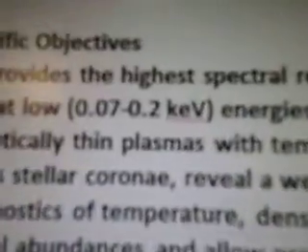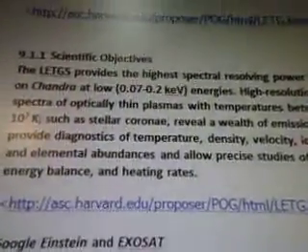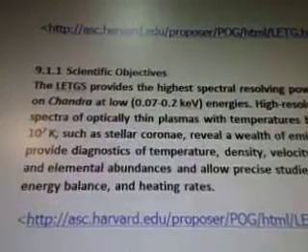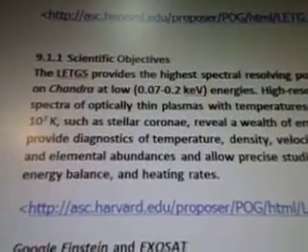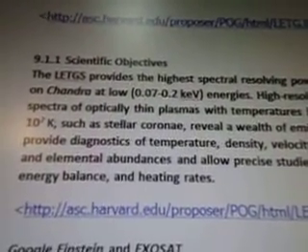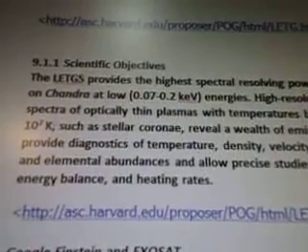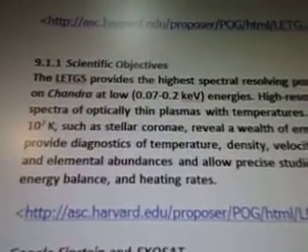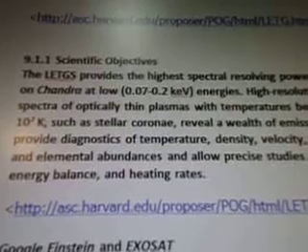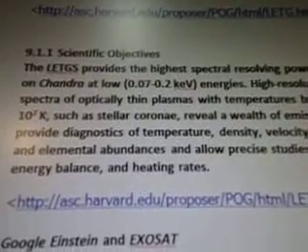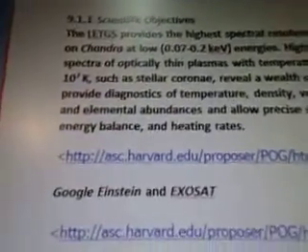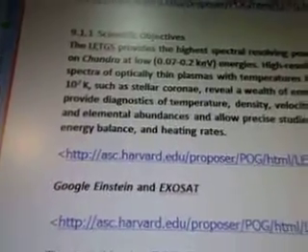The LETGS provides the highest spectral resolving power, greater than 1000 on Chandra at low energies. High-resolution X-ray spectra of optically thin plasmas with temperatures between 10^5 and 10^7 K, such as stellar coronae, reveal a wealth of emission lines that provide diagnostics of temperature, density, velocity, ionization state, and elemental abundances, and allow precise studies of structure, energy balance, and heating rates.